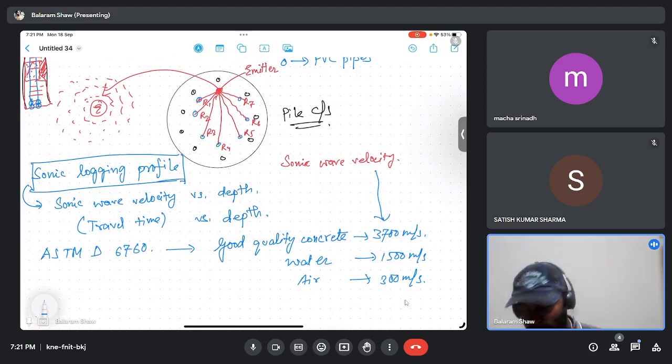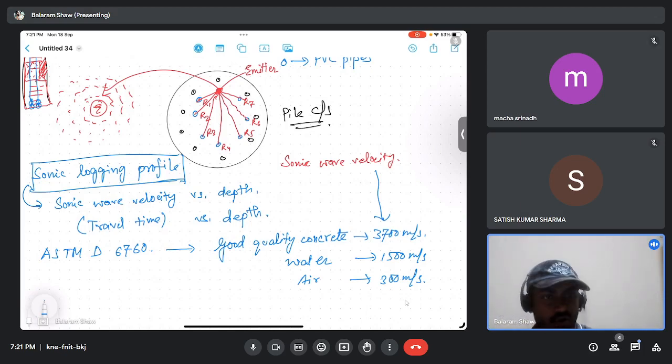The tubes should be parallel. Why should they be parallel? Because if we change the inclination a little bit, it can increase the travel time and change the sonic wave velocity. So all the PVC pipes should be parallel. Okay, so all these R1 to R7 are parallel.